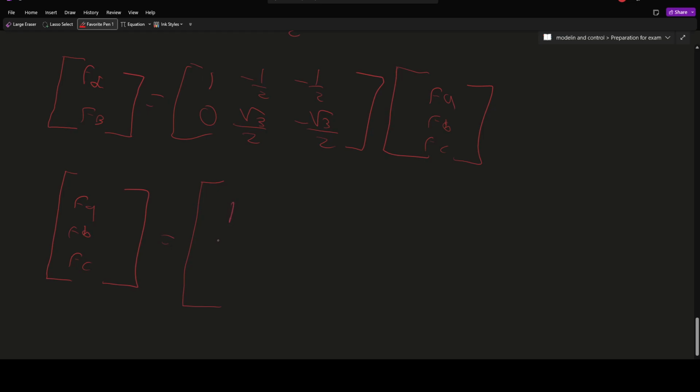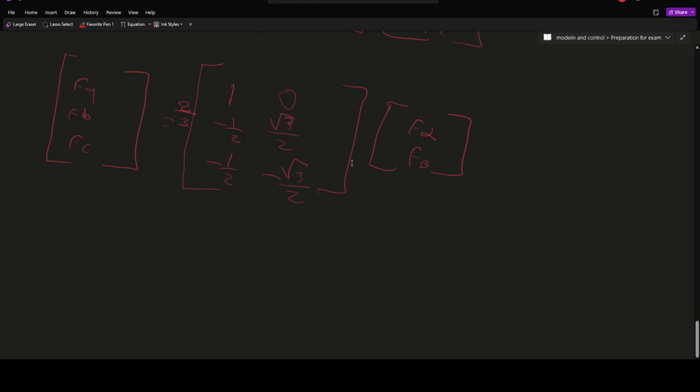So it's going to be 1, minus 1 half, minus 1 half, 0, square root 3 over 2, minus square root 3 over 2, times our components, and all of this multiplied by 2/3. Okay, so this is the Clarke transformation.